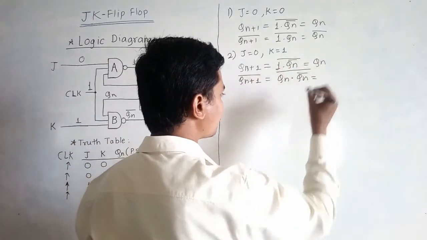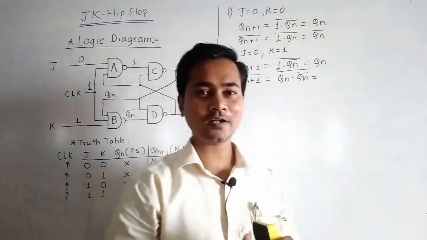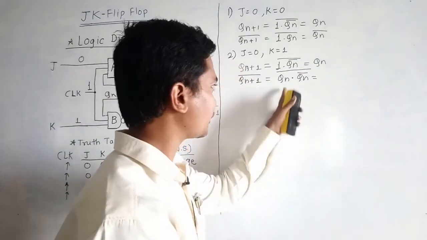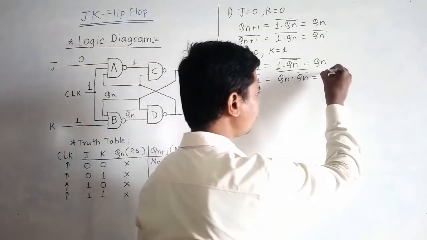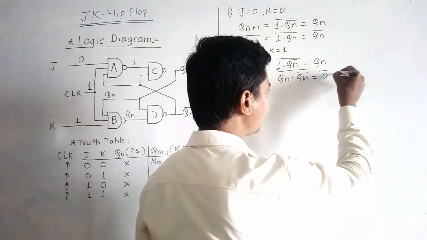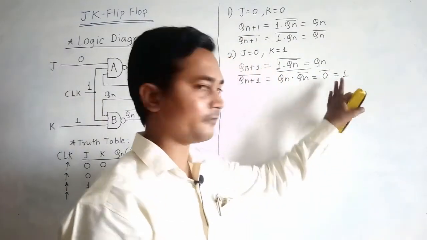So Qn dot Qn bar, that means A dot A bar. A dot A bar is 0. Similarly Qn dot Qn bar is also 0. So 0 whole bar is equal to 1. Now here we have obtained the value.